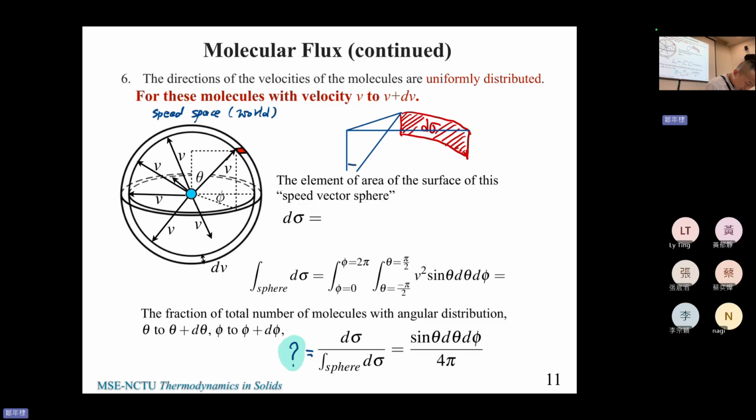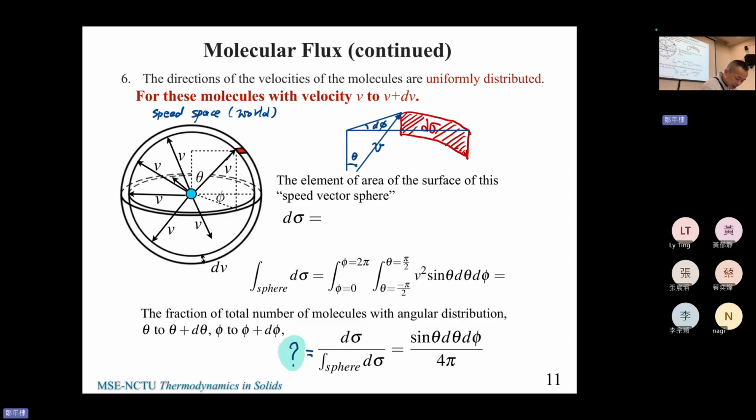So this is theta. Okay, theta. And the opening is d phi. D phi. Okay. And of course, this is the v vector.